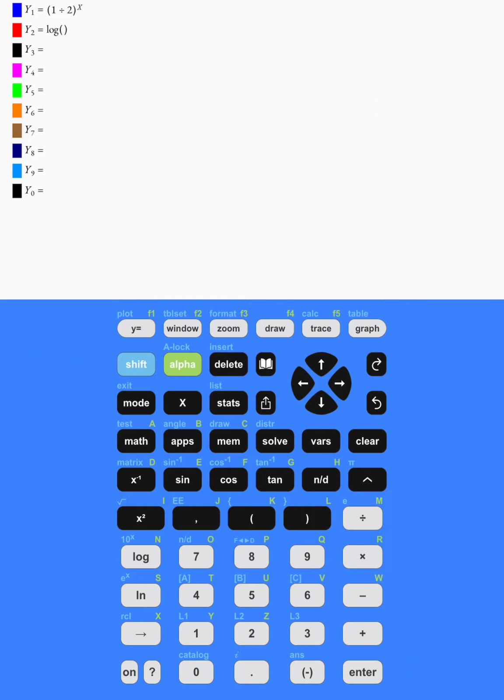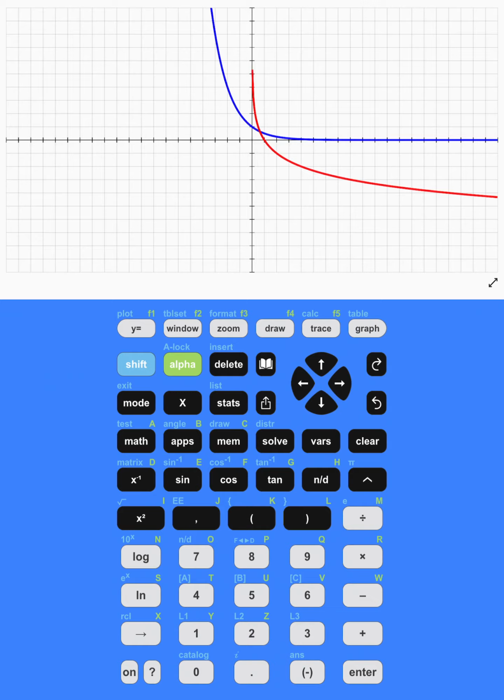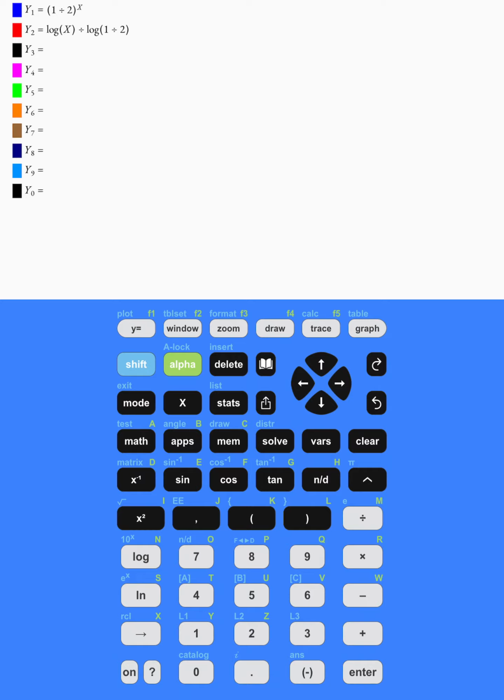Now, if you have the older style calculator, you're going to do log of x divided by log of 1/2. Okay, so that would be one way to write it. And then you'll get something like this. If you look at it, it does look like a reflection along your y equals x line. So that's what should happen because they are inverse functions of each other.